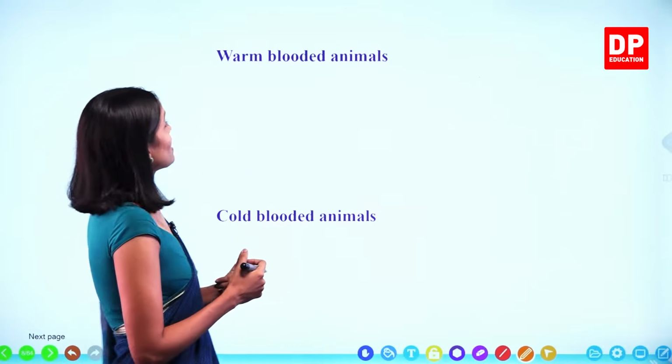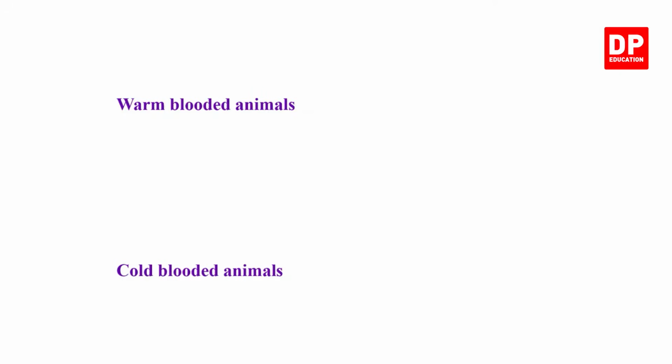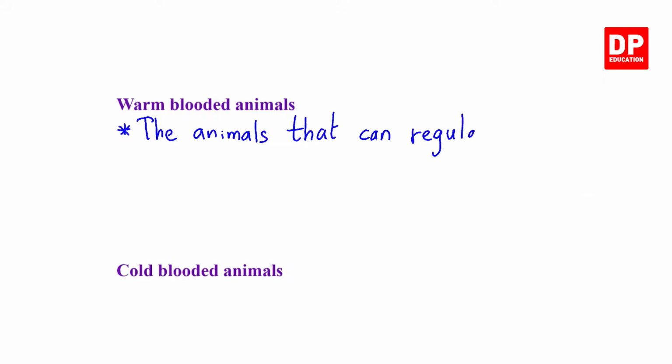Okay, children? Right. Let's write this. Warm-blooded animals: the animals that can regulate and maintain constant body temperature.